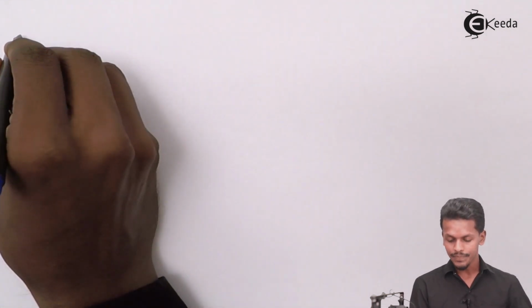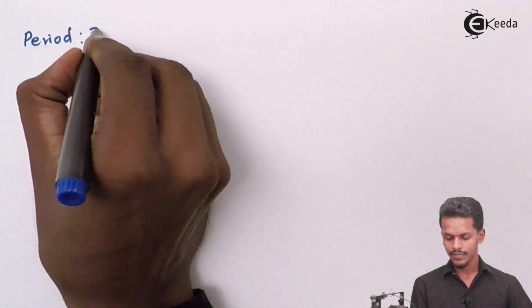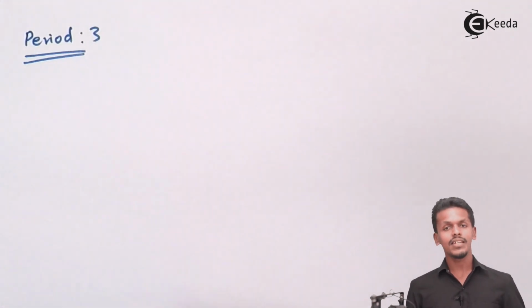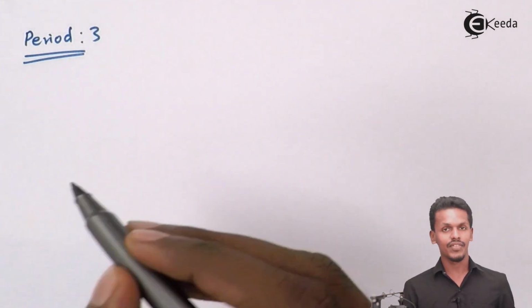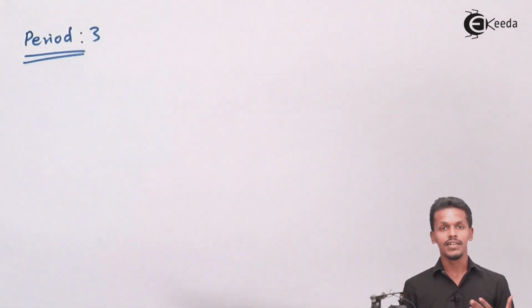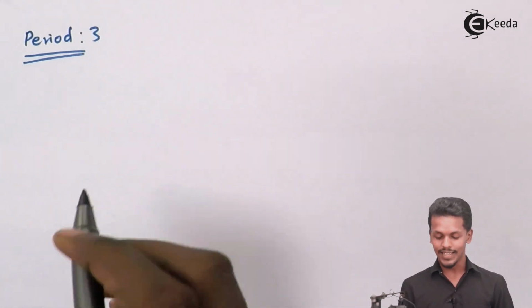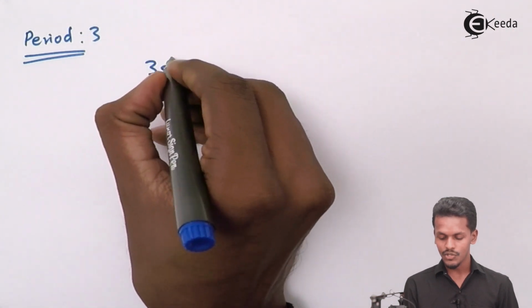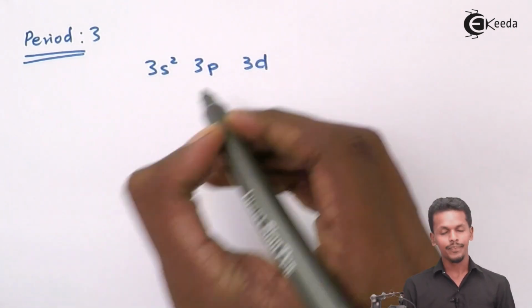In period 3, the main quantum number is 3, so it has 3 shells. Therefore it will also have 3 subshells, and those are 3s, 3p and 3d.